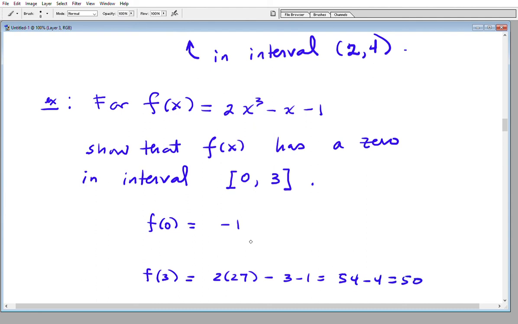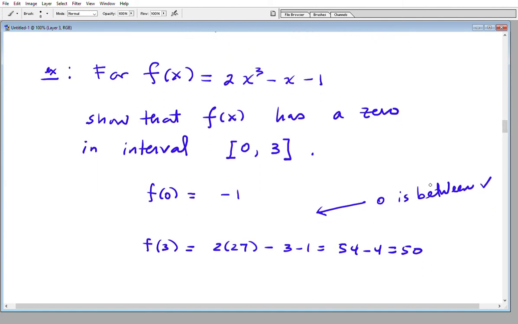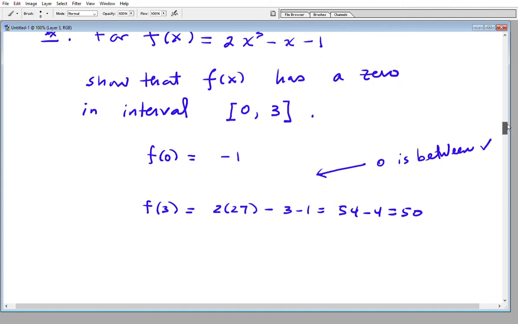Minus 1, 50, 0 is in between. So the function can't skip over 0. It's going to be equal to 0. Remember, that's what it means, no skipping values.